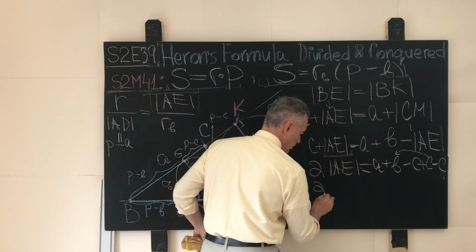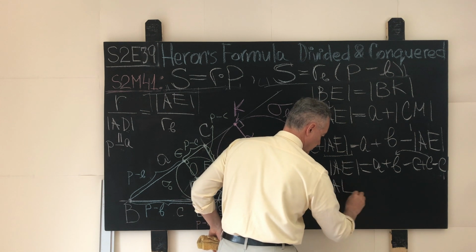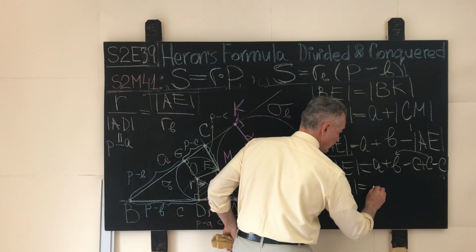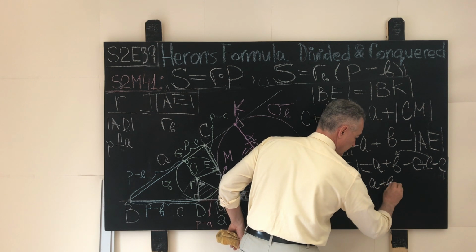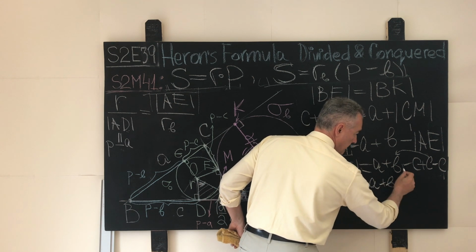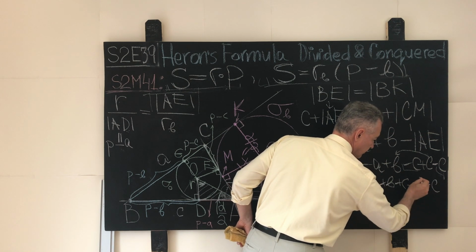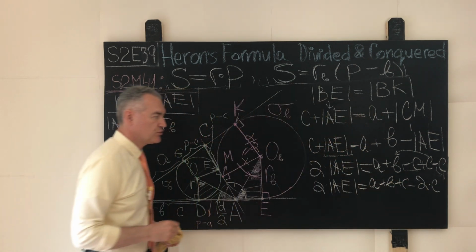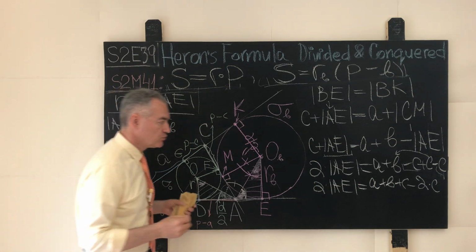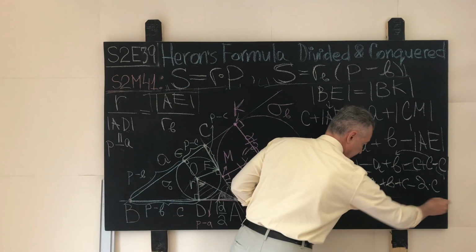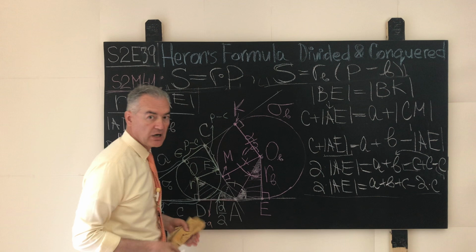So now two copies of the distance between the points A and E is equal to a plus b plus c minus c and minus c, minus 2 times c. So far so good. And what do we do now? We divide this result, the last equation, uniformly by 2.